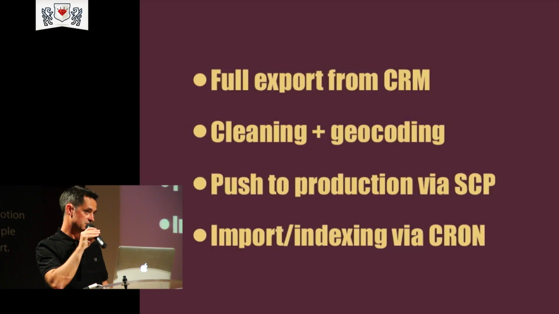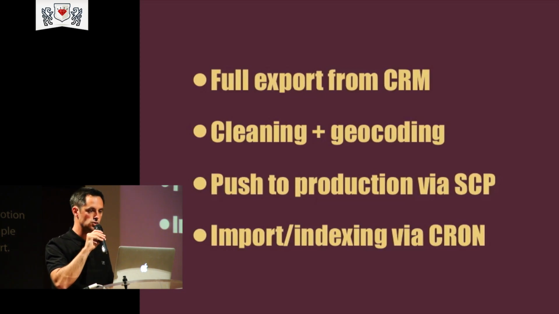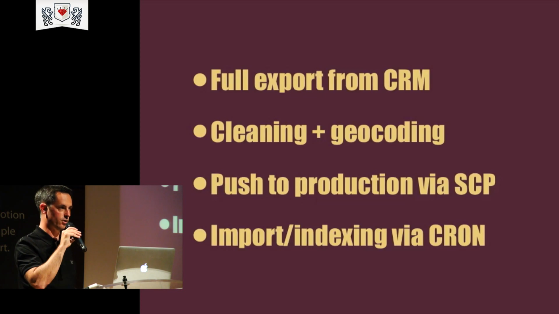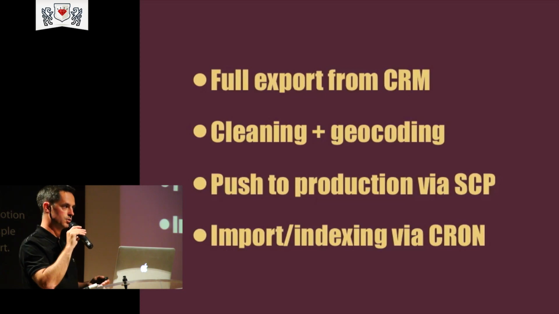And then push to production via SCP or another tool. And then use an import and indexing via cron, which means basically you can deliver a lot of value because you will keep stores or partner lists always up to date, and you've been able to do so with Ruby, which is a lot faster and a lot more fun to use as well.